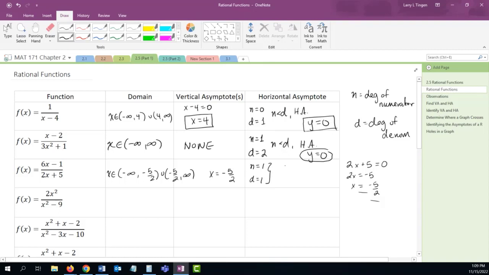When n is 1 and d is 1, then the horizontal asymptote is y equals a over b. a is the leading coefficient of the numerator, so that's 6, and b is the leading coefficient of the denominator, which is 2. 6 divided by 2 is 3. So I'm looking at a horizontal asymptote of y equals 3.